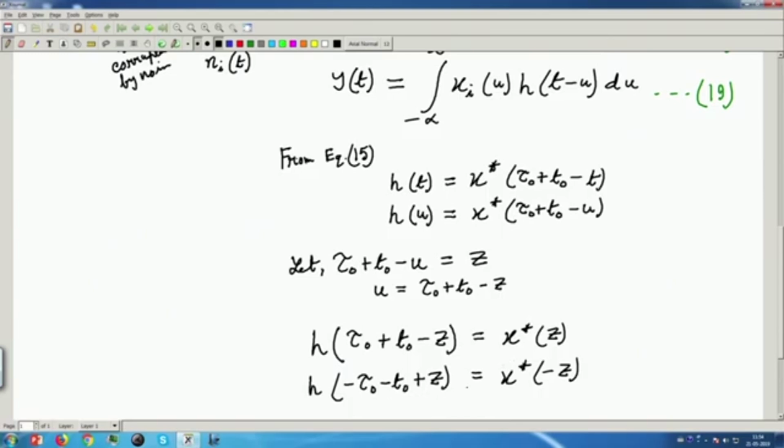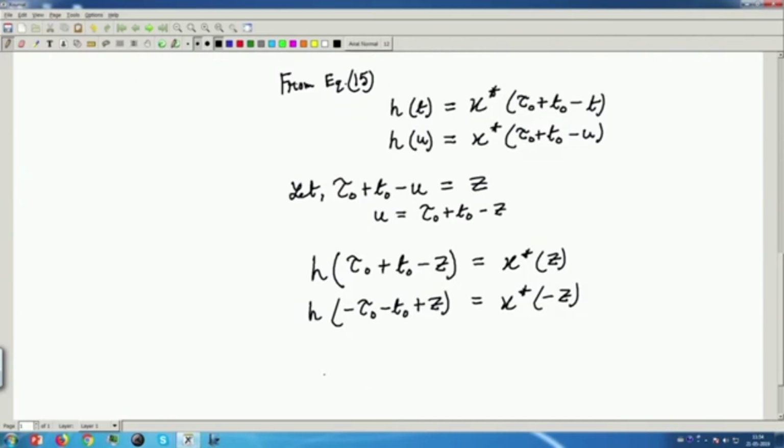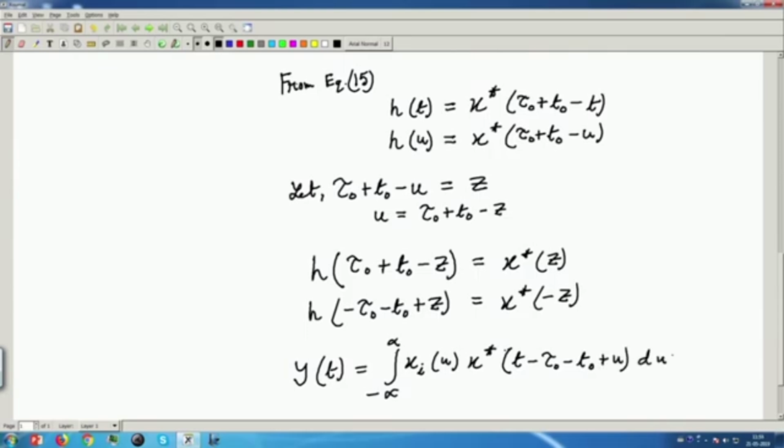Actually I need h of minus u, so if we do that, you can easily do this; this is simple math. You will see that now your y(t) will be the integral from minus infinity to infinity of x_i(u) x star of (t minus tau naught minus T naught plus u) du.